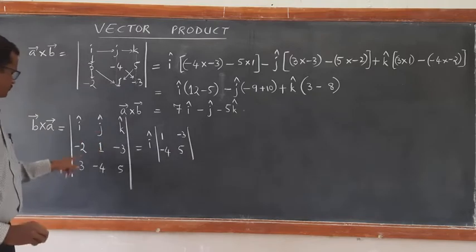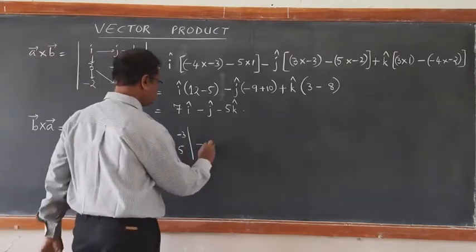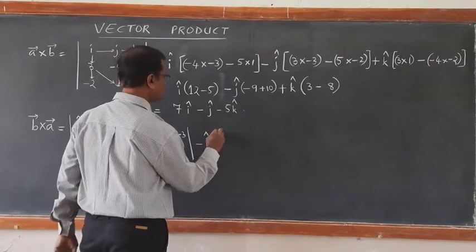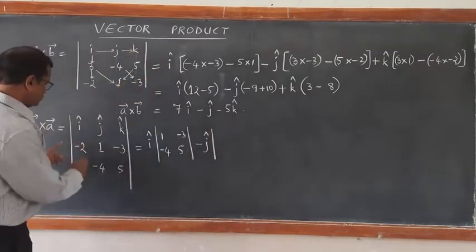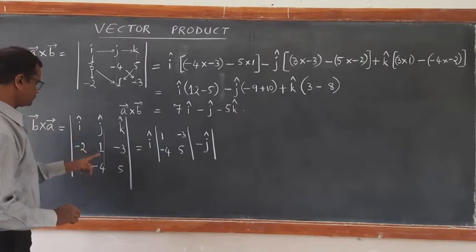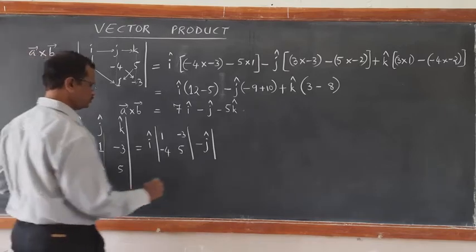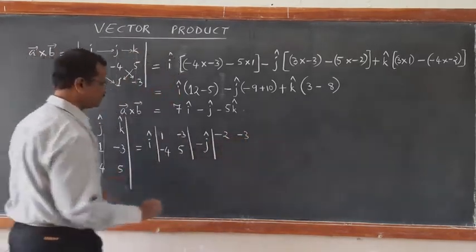Leaving the first row, first column, you are left with only these two. Next, minus j. Minus j into, leave this column, first row and second column. You are left with minus 2, minus 3 in the same order, 3 and 5.